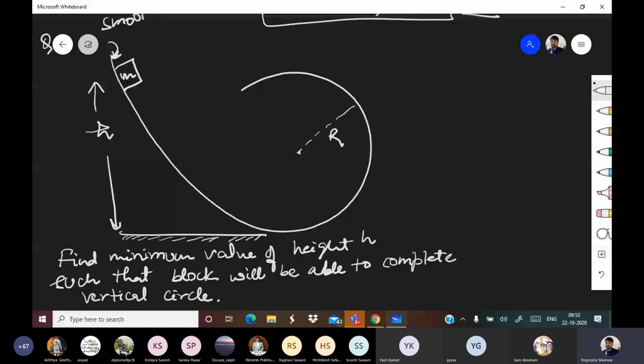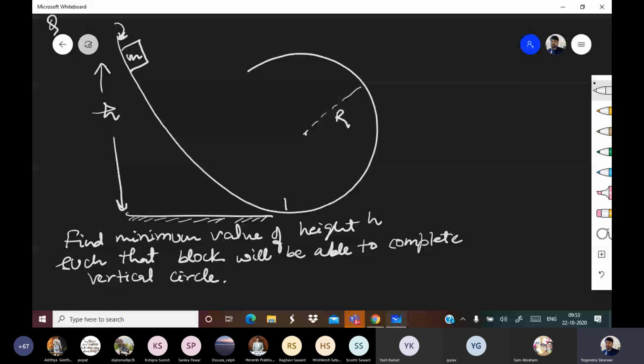Okay, everyone, please pay attention. Listen very carefully. When you release this block, it will slide down and reach here. If the velocity at the lowest point is equal to the required velocity for completing the vertical circle, then our task is done.